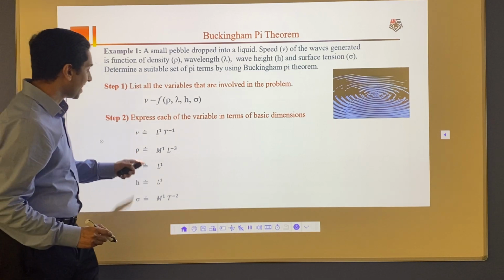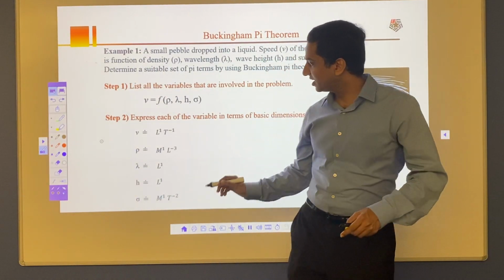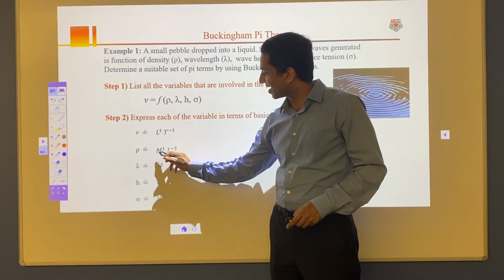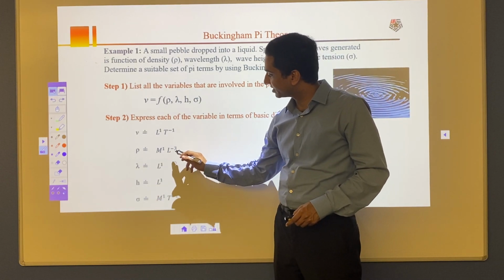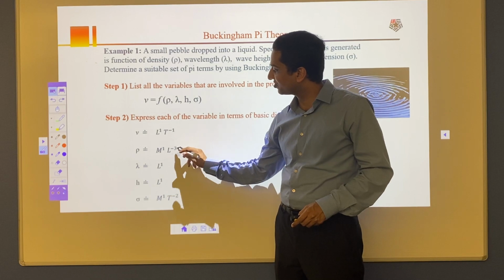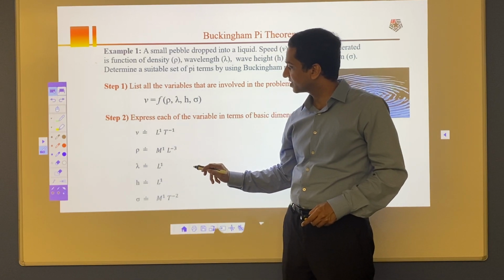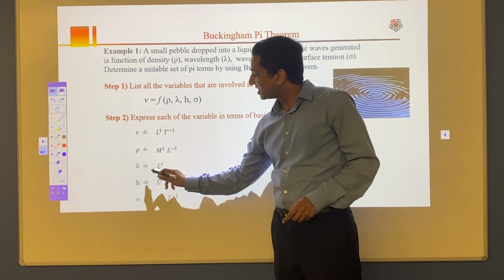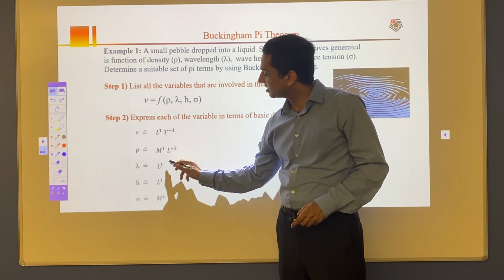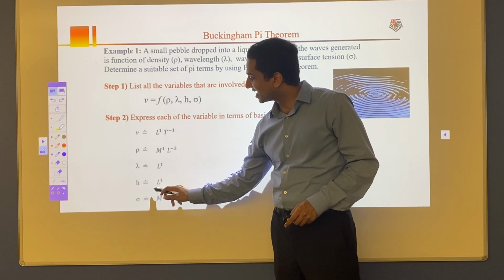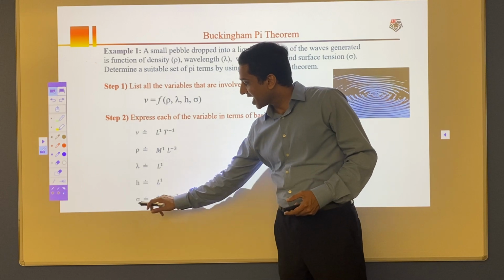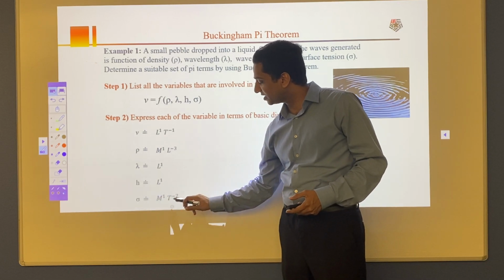So here we have density. Density is kilogram per meter cube. Kilogram is mass, meter cube is length, L minus 3, that's what I'm going to write here. Wavelength is just a length, so L1. Wave height, again it's a height, L1. And surface tension M1 T minus 2.